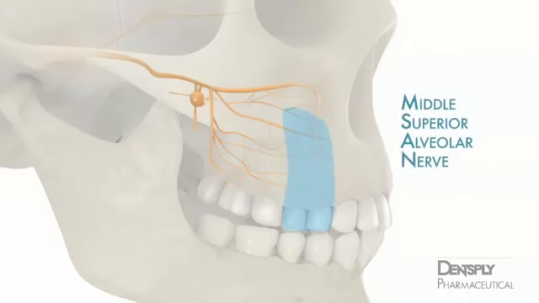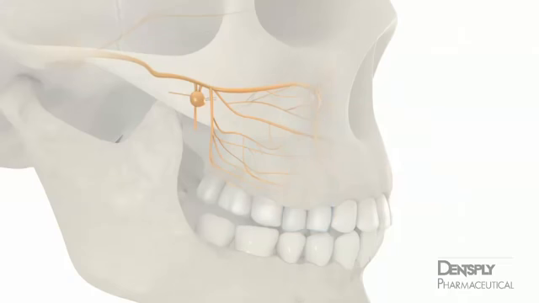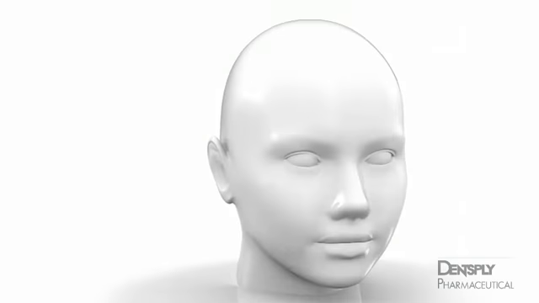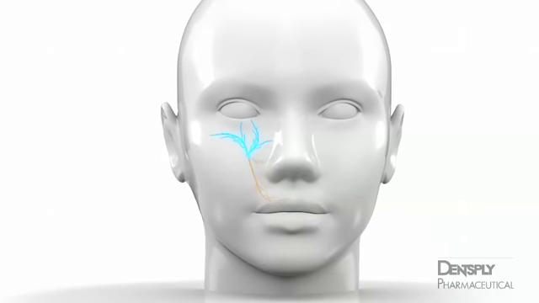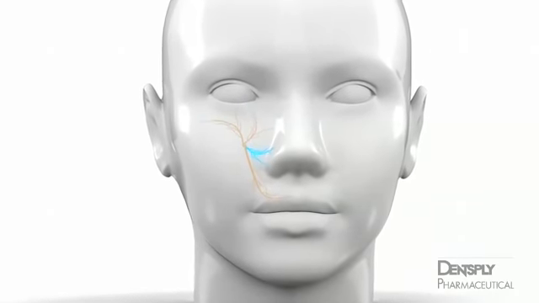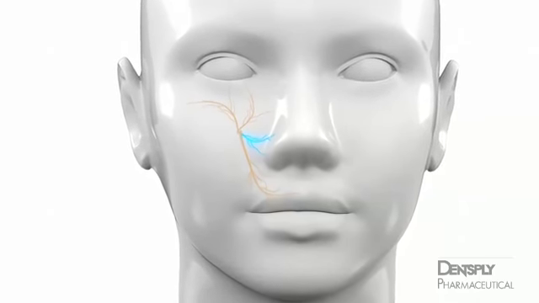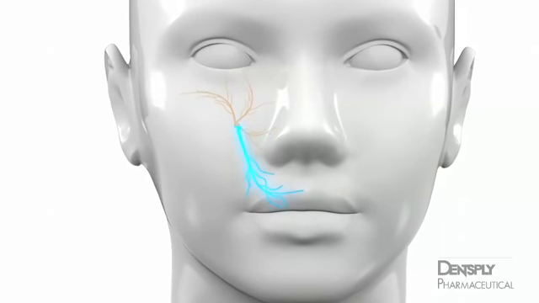If present, the middle superior alveolar nerve supplies sensation to the premolar region and the mesiobuccal root of the first molar. The infraorbital nerve emerges from the infraorbital foramen to divide into its terminal branches. The inferior palpebral branches supply the lower eyelid, the external nasal branches provide sensory innervation to the side of the nose, and the superior labial branches pass to the upper lip.